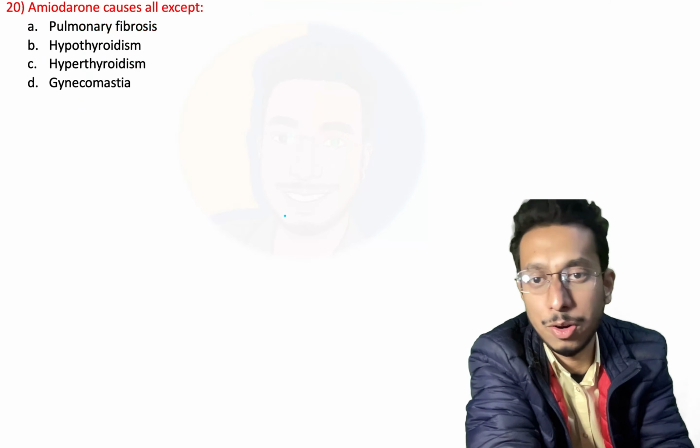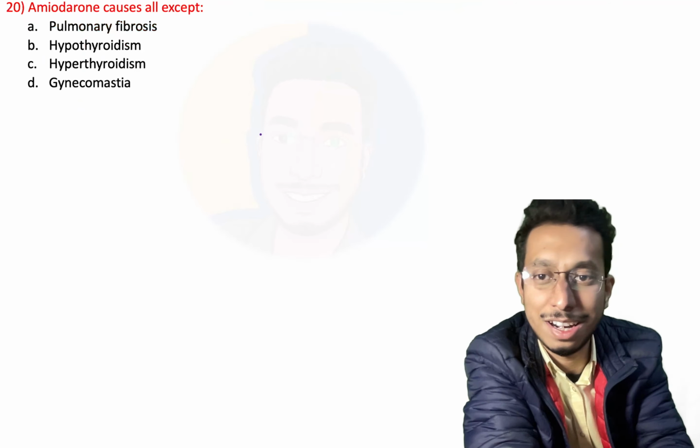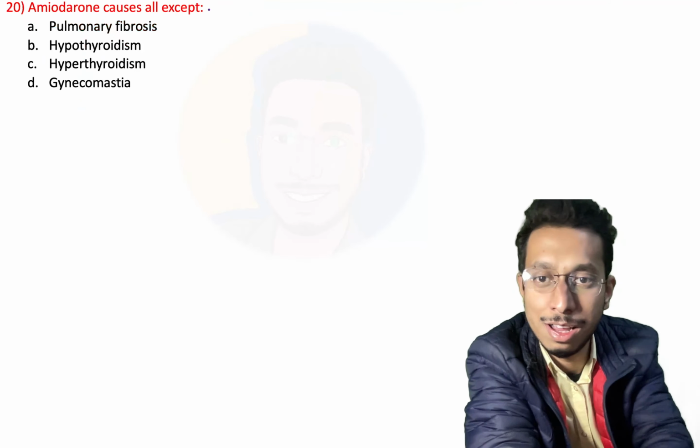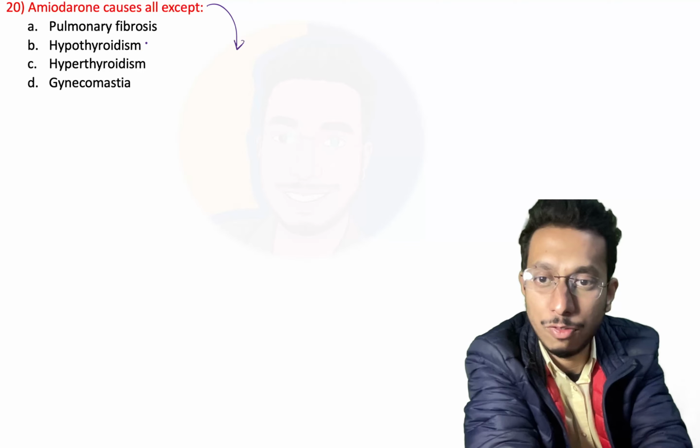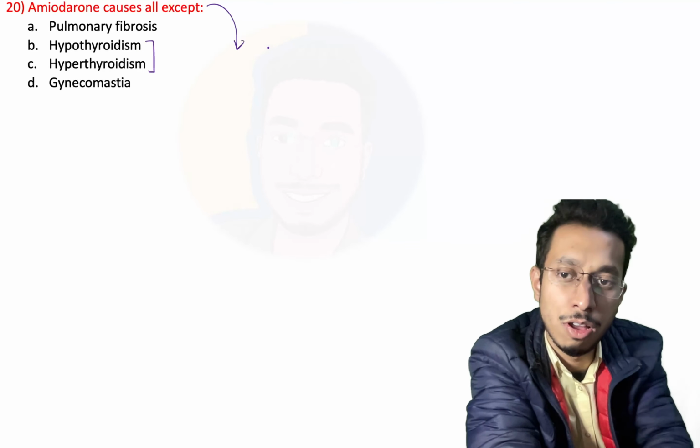So the next question is amiodarone causes all except. Amiodarone is a broad spectrum antiarrhythmic drug, and it is one of the favorites of the examiner. So remember, don't get confused by the two options, hypothyroidism and hyperthyroidism. Both can be caused by amiodarone.